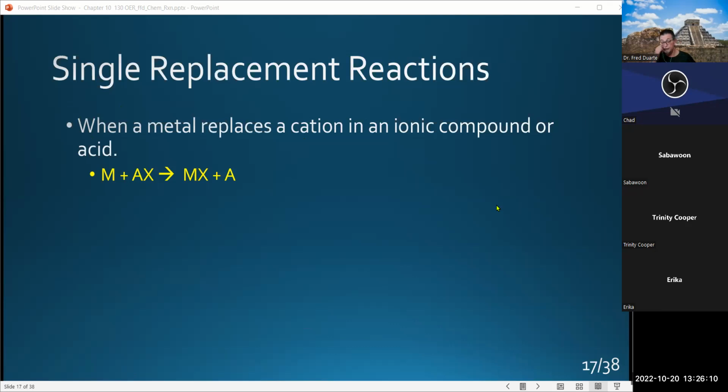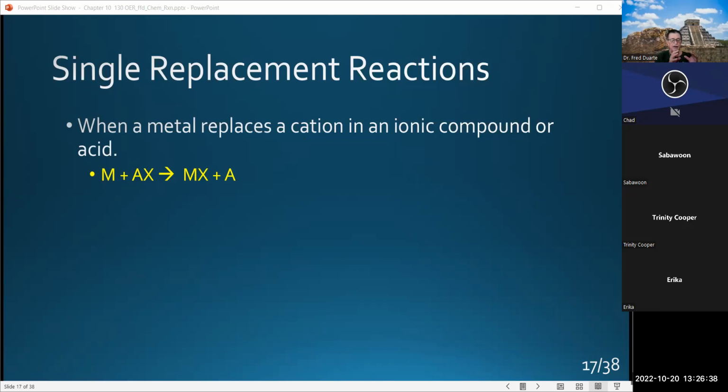Now, which brings us to single replacement reaction. The way this works is we got a real general equation. First of all, in the periodic table, you have a table below the periodic table, right above the solubility table, called the activity series. And that is the listing of metals relative to each other as to which one is more reactive than the other, okay?